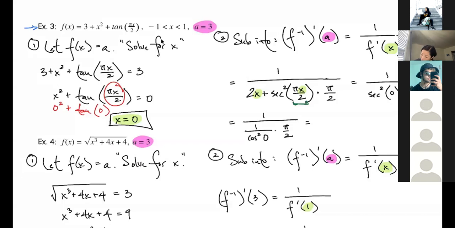Cosine of 0, 1. Okay, so this becomes 1 over 1. So I end up with 1 over pi over 2. And what does that become if I simplify that even more? 2 over pi, very nice. Okay, so our slope there is going to be 2 over pi, all right?